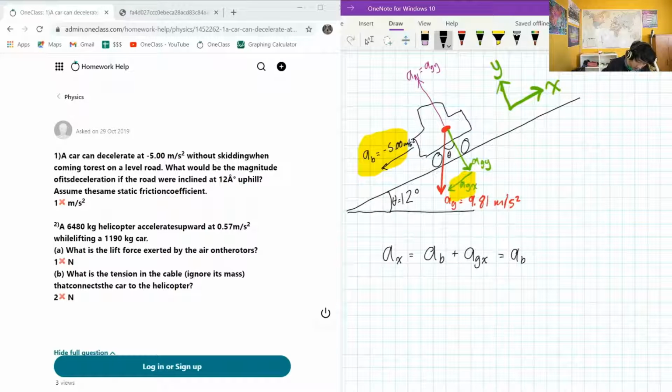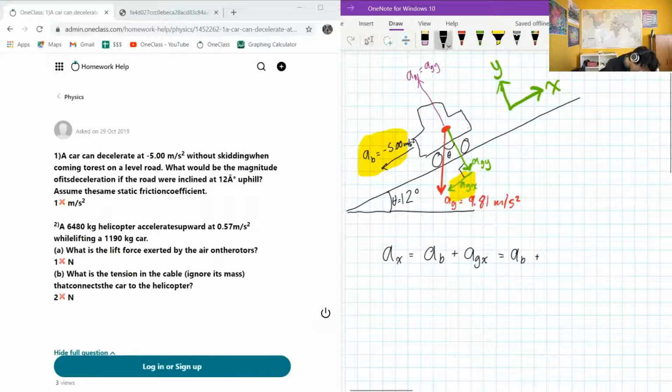AB we already know as a value, but AGX, seeing how this area right here makes a right angle triangle, knowing that this angle is 12 degrees, it's going to be the opposite. So that's going to be sine of the angle times 9.81, because that's the hypotenuse of this right angle triangle.